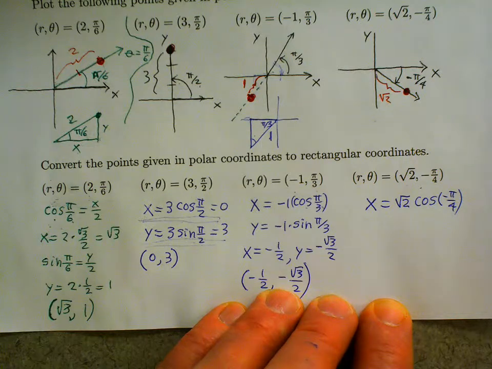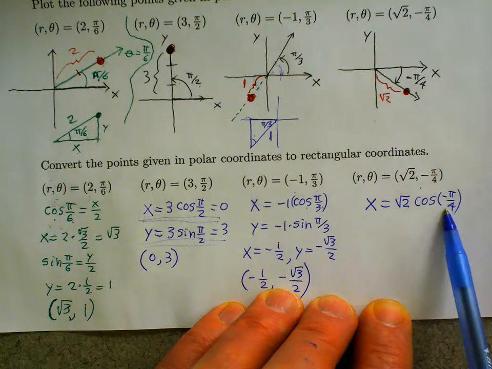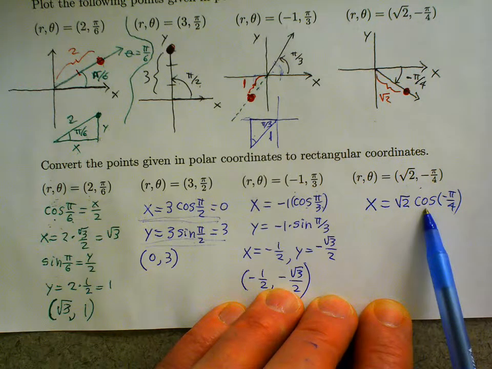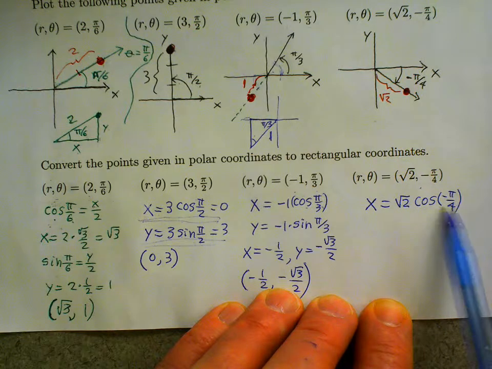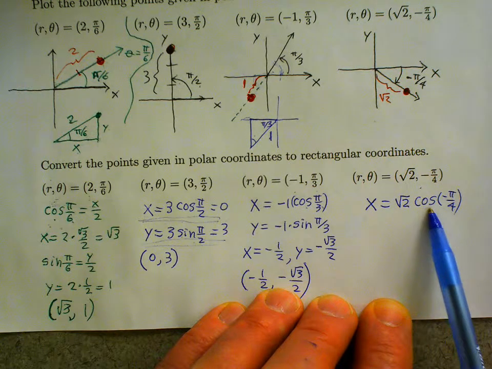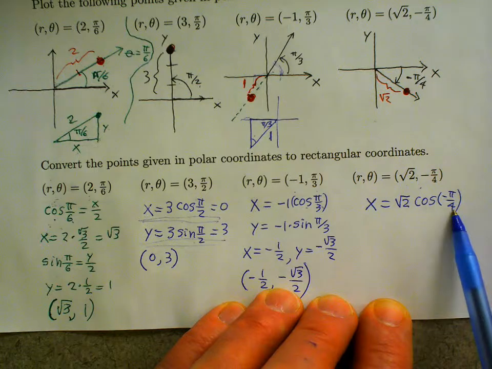So, for example, if f of x is an even function, then f of negative x equals f of x. So that's what we have here. Cosine of negative pi over 4 is equal to cosine of positive pi over 4.